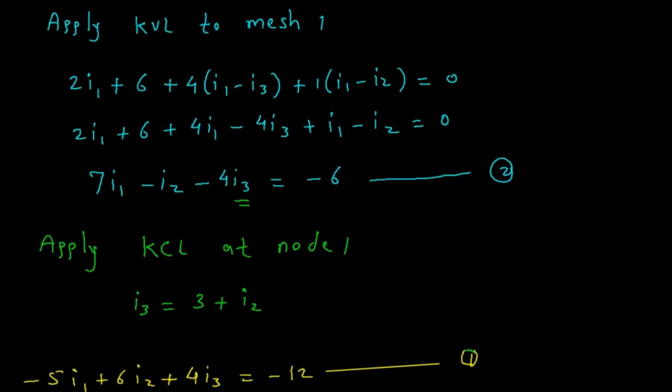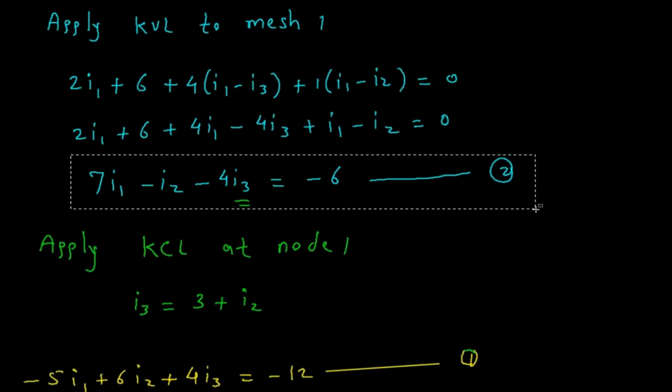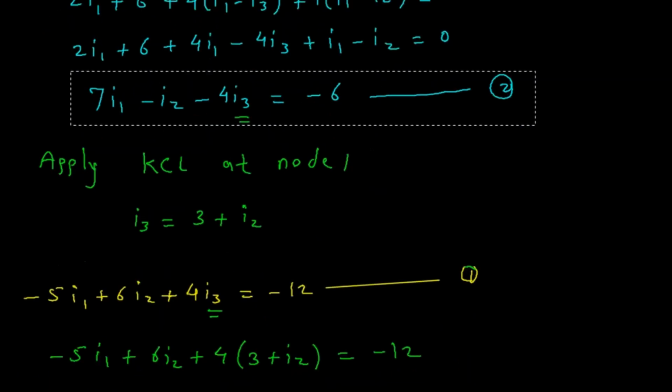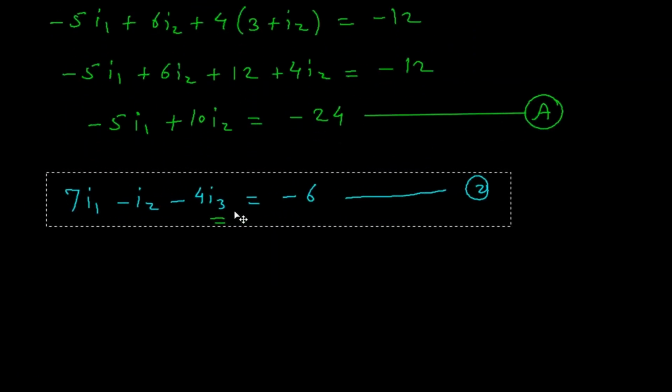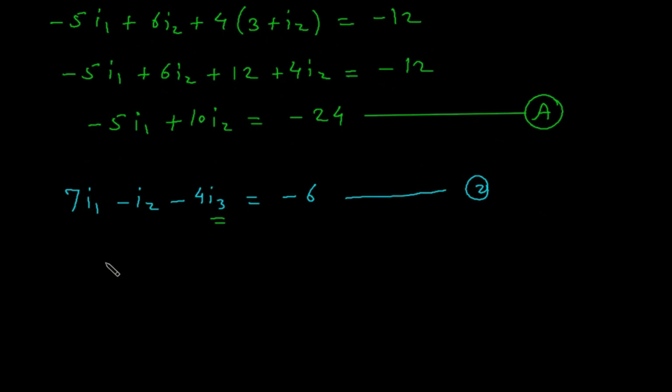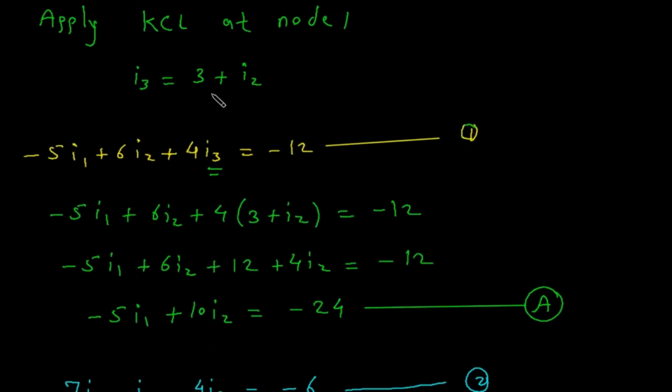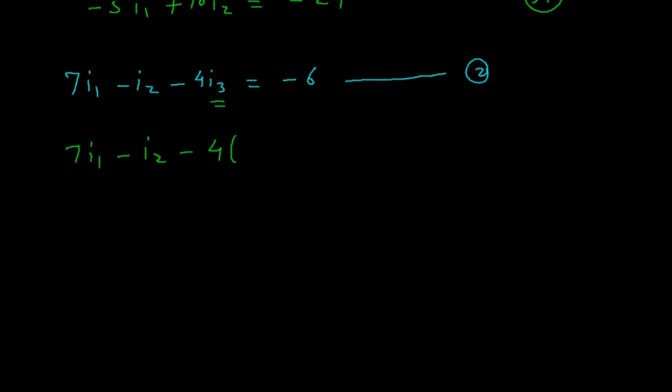Now, let's say this is equation number A. Similarly, we will change the value of I3 in equation 2. So, this will be 7I1 minus I2 minus 4 times (3 plus I2) is equal to minus 6. This will be 7I1 minus I2 minus 12 minus 4I2 is equal to minus 6.